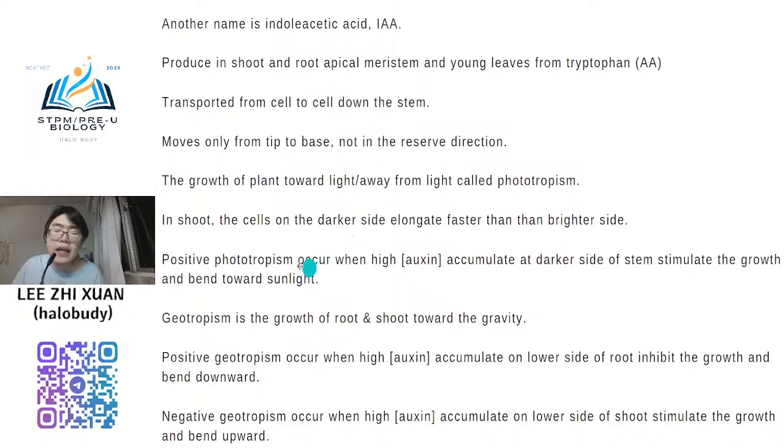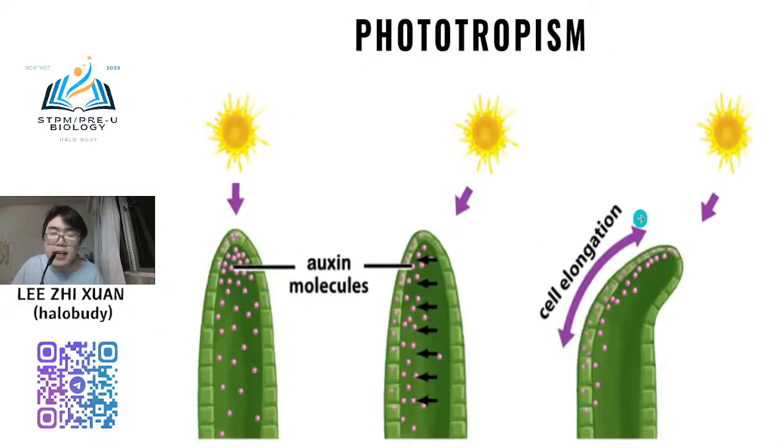In a shoot, the cells on the darker side will elongate faster than the brighter side. You will see this diagram. This is phototropism, the growth of the plant toward the sunlight. This is the shoot, the apical meristem of the shoot, and auxin is accumulated here. On a sunny day, the auxin molecules accumulate at the darker side and elongate the cells at the darker side.